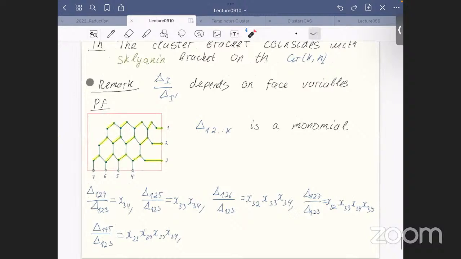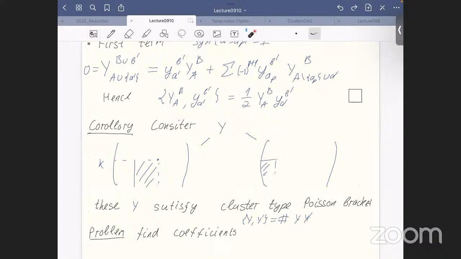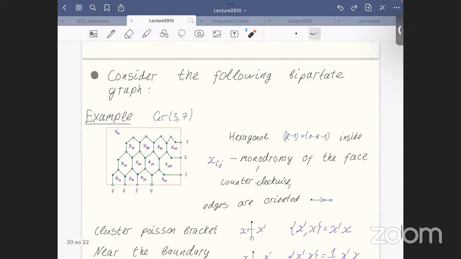So we can actually prove that some particular set of these deltas are monomials in X variables, and this is exactly why their bracket is cluster. And this set of deltas coincides with the set of y's which we constructed above, for which the bracket is also cluster. So these two stories agree, and the theorem is proven.